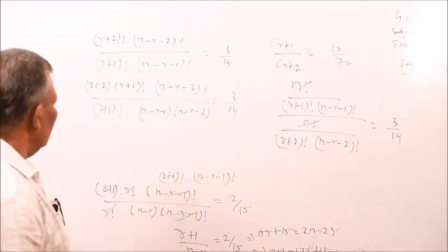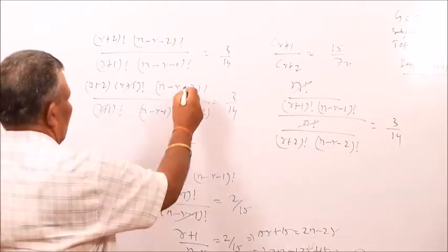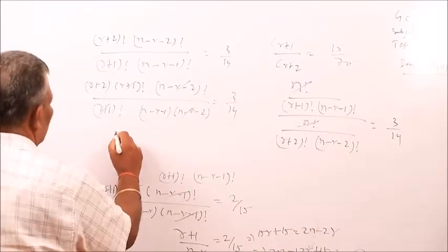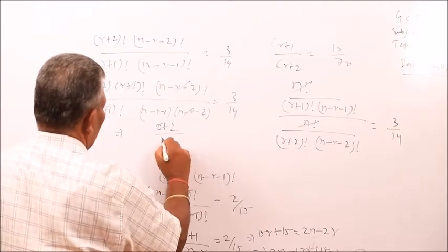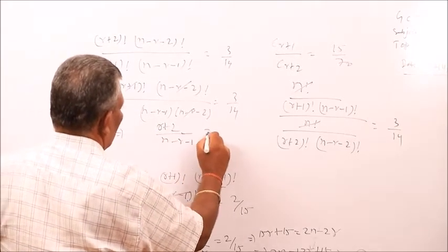So we can cancel r plus 1 factorial and n minus r minus 2 factorial, that implies r plus 2 by n minus r minus 1 equals 3 by 14.